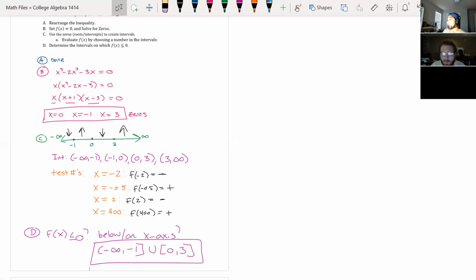I don't know if it made it any easier that we didn't have to graph it, because when you do it algebraically, you don't have to worry about end behavior, turning points, multiplicities, or a y-intercept. But you've got to make a sign chart and pick test numbers.